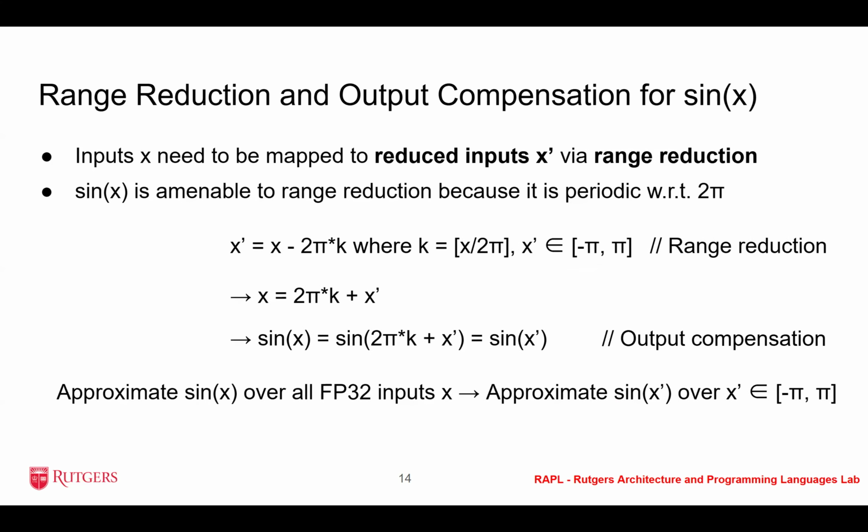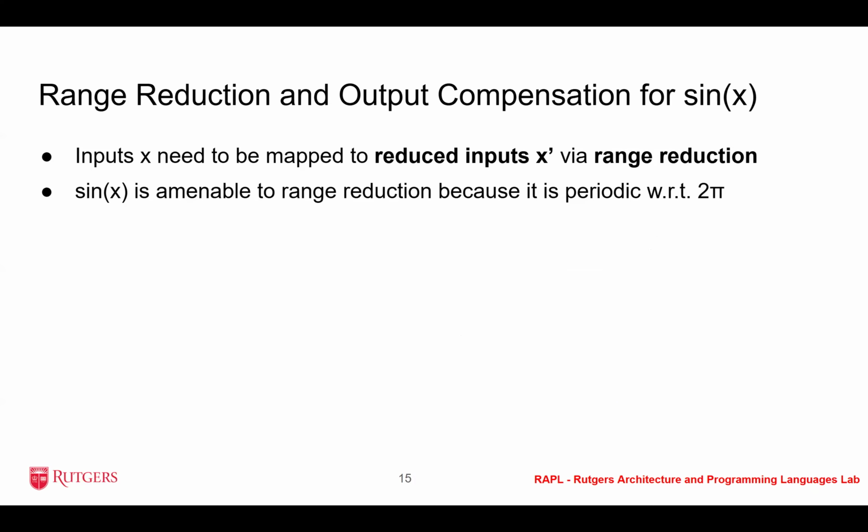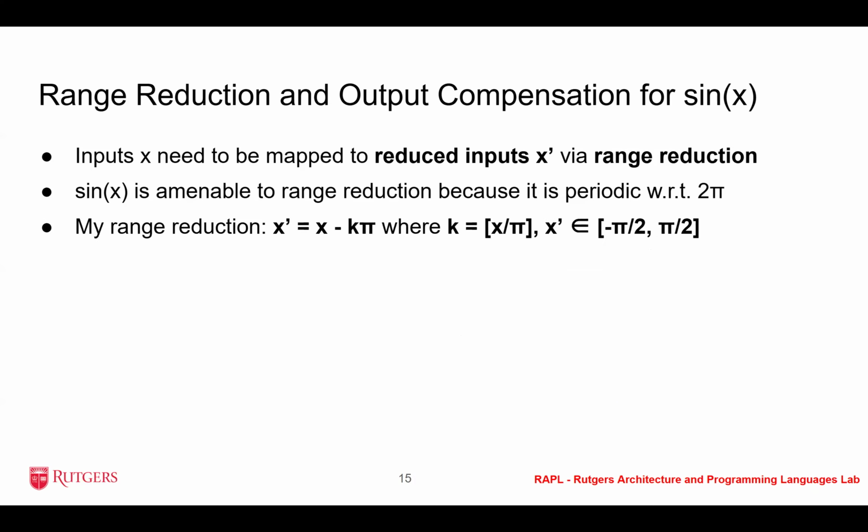Now, the interval between negative and positive pi may still be too large to obtain an accurate low-degree polynomial. So you can use variants of this range reduction strategy to bound the magnitude of your reduced inputs by any factor of pi. In my case, I decided to perform a modulo operation with pi to obtain reduced inputs between negative and positive pi over 2.